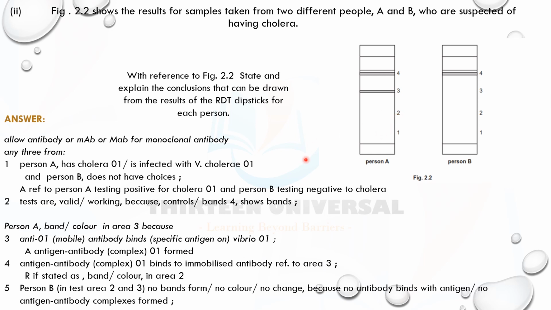So when they got here, that antigen-antibody complex forms another complex with the immobilized antibody. You see person B has no band, no color, because no antibody binds with antigen. That's 3 solid marks.